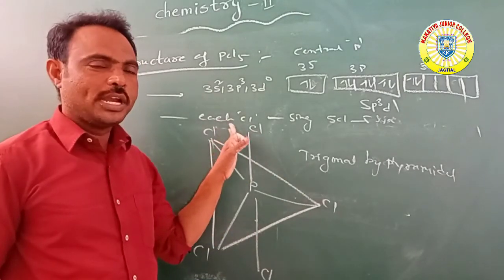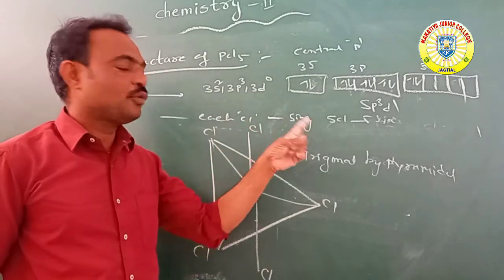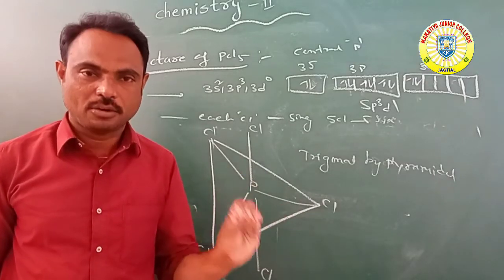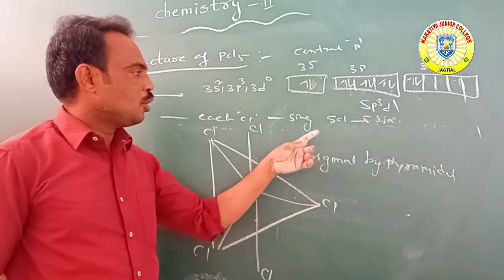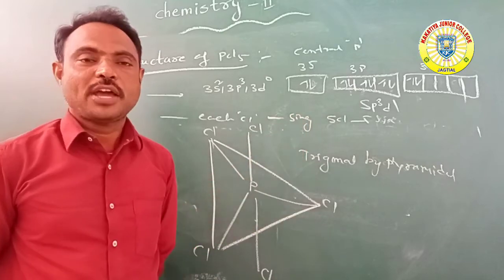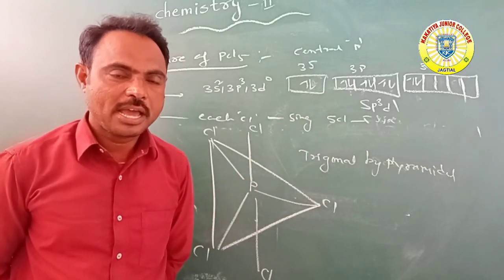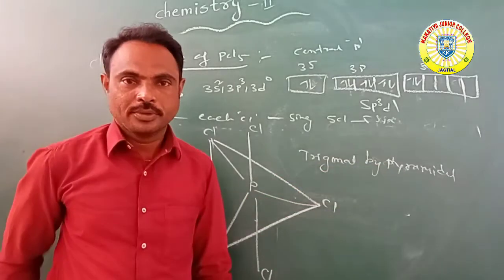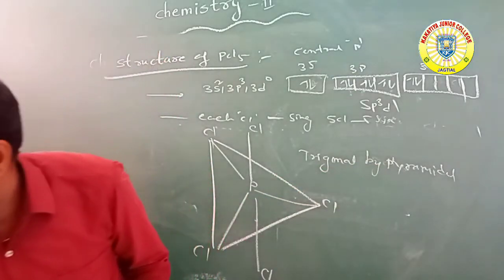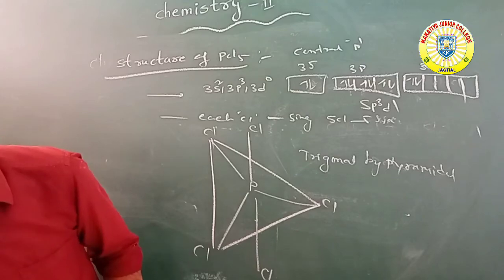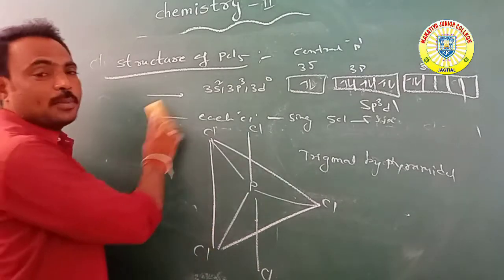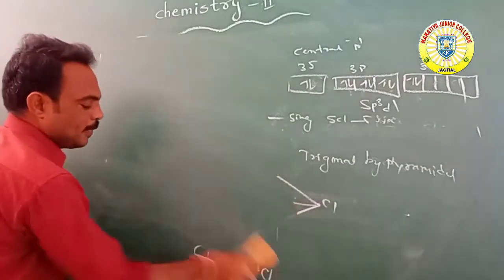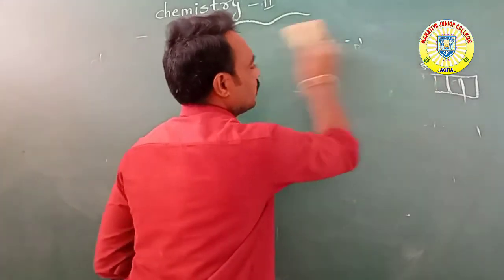Each chlorine atom contains 1 single electron, so 5 chlorine atoms contain 5 single electrons. So to form PCl5 it has sp3d1 hybridization with a trigonal bipyramidal shape. So that is PCl5: its chemical properties, structure and preparation.